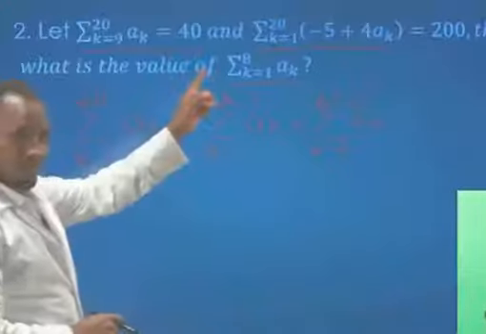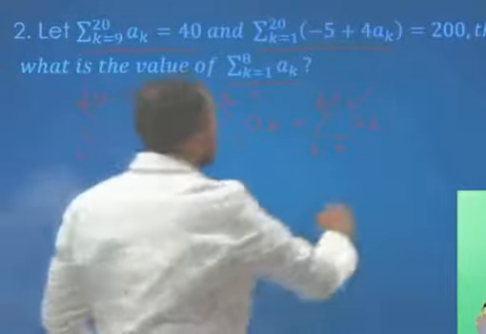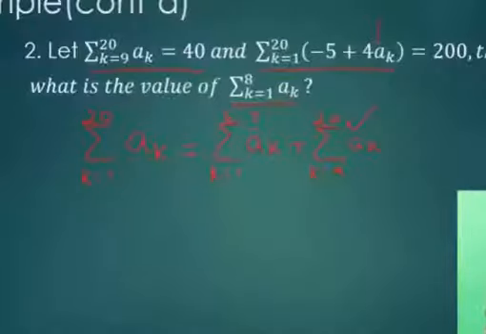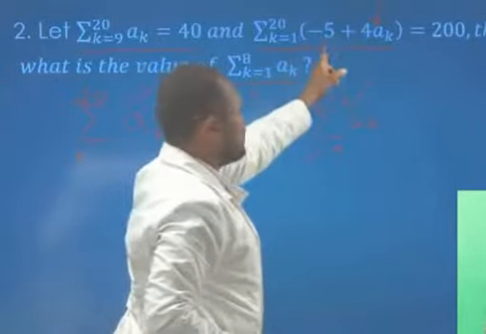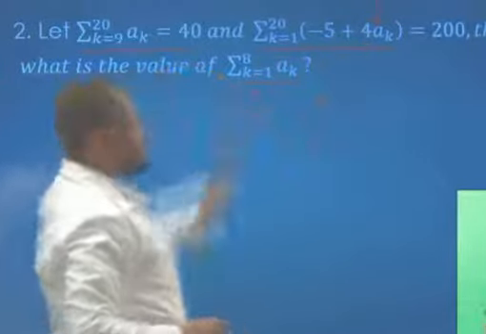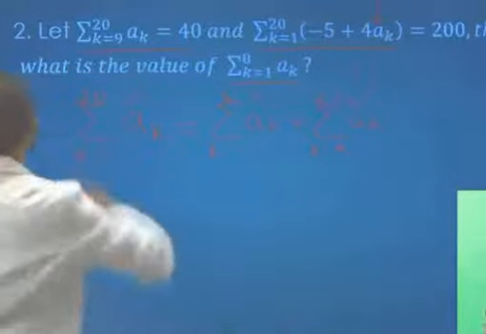So from this, I can find the summation of a_k. After finding the summation of a_k, k from 1 to 20, we know these two, so I can calculate this. So let's proceed from this part. Let's try to find first the summation of a_k, k from 1 up to 20.